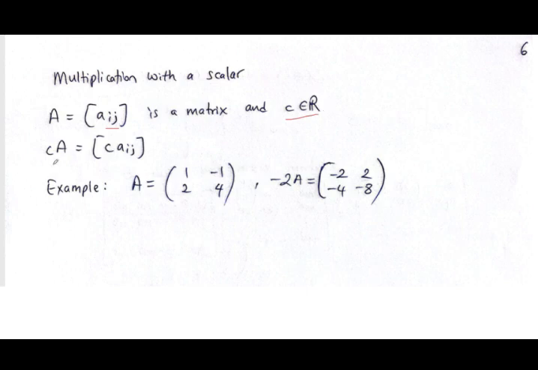So multiplying C times A, that means every element in this matrix will be multiplied with the same scalar C. Here's an example. If I'm given a matrix A, and if I want to multiply this with the scalar minus 2, each element, minus 1 times minus 2, we get 2, and so on, giving minus 4 and minus 8. So here is the multiplication with a scalar.